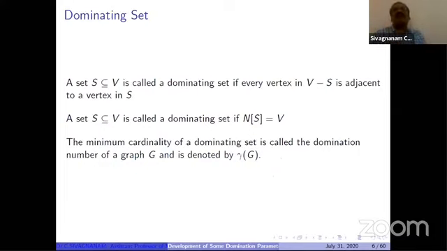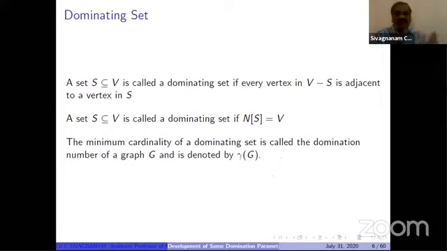V minus S. The vertices not available in S are the complement of S. We look at each and every vertex in V minus S. Each and every vertex not available in S has at least one neighbor in S. So every vertex in V minus S is adjacent to a vertex in S. Then that set S is called a dominating set.